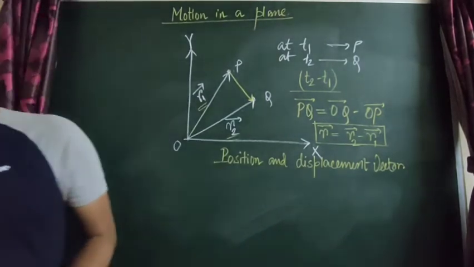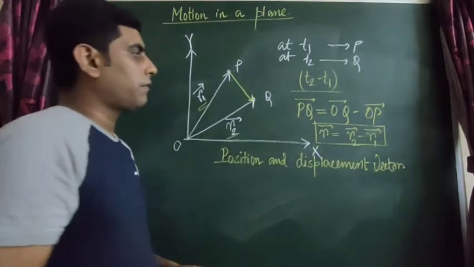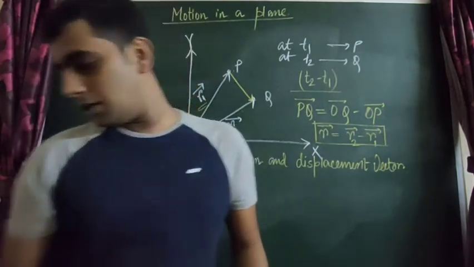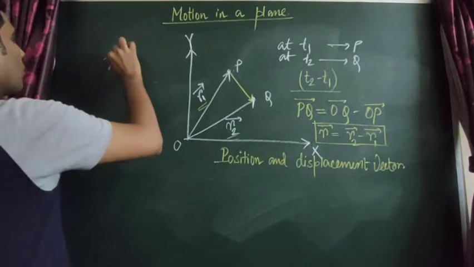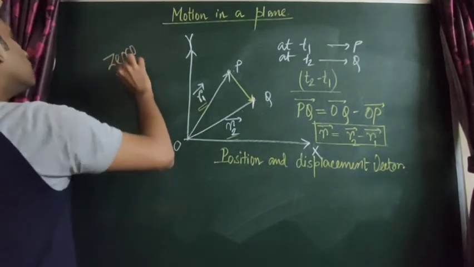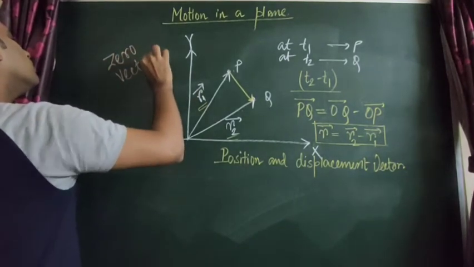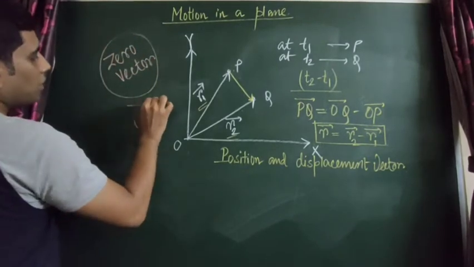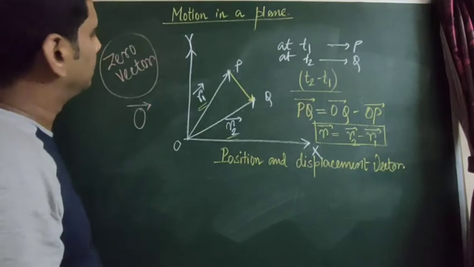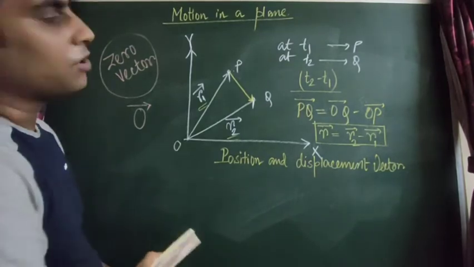The next topic we will discuss is another type of vector, which is known as the zero vector. It is written as a zero with a vector sign above. Now what is a zero vector?